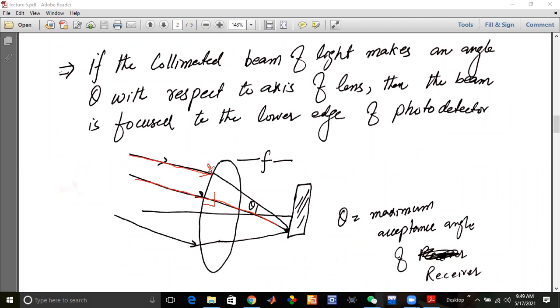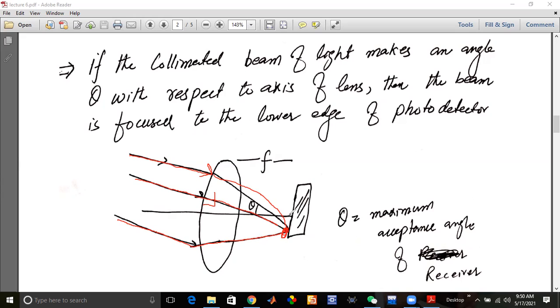This is the property of the spherical lens: when the light falls parallel to the center ray, after transmission from the spherical lens, it will cross the central ray at the same point.